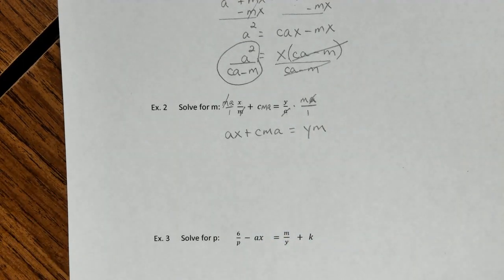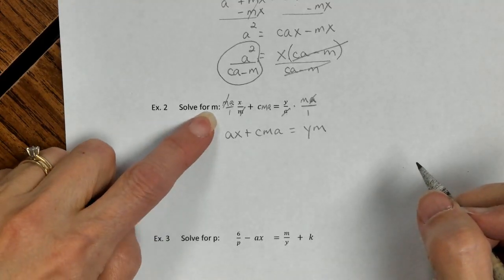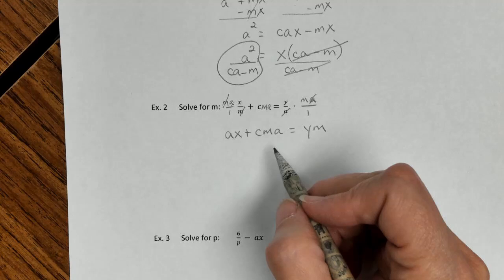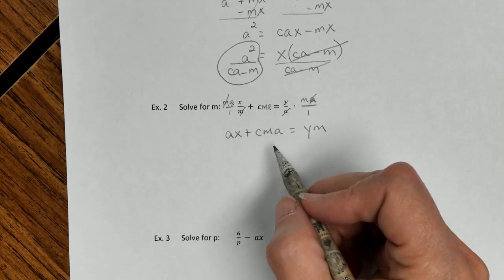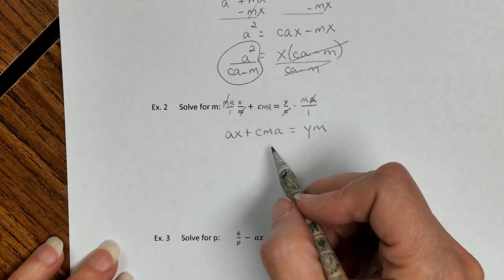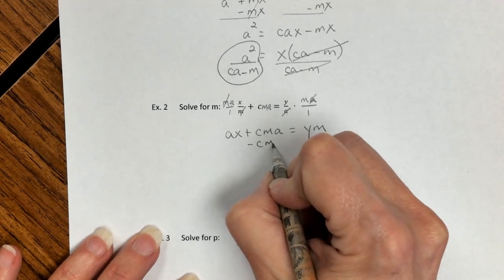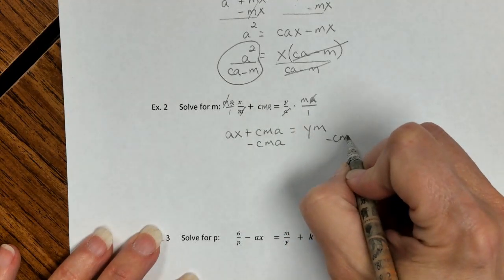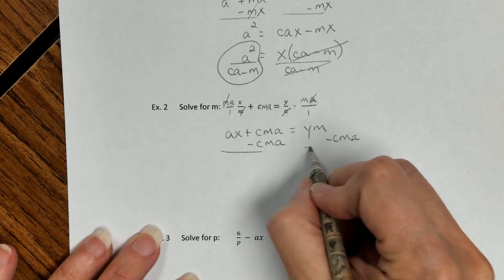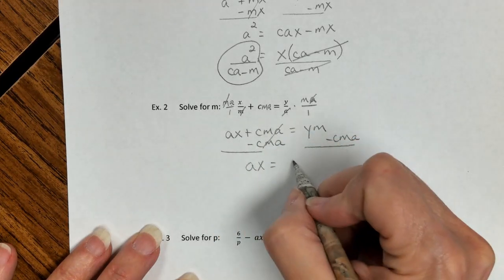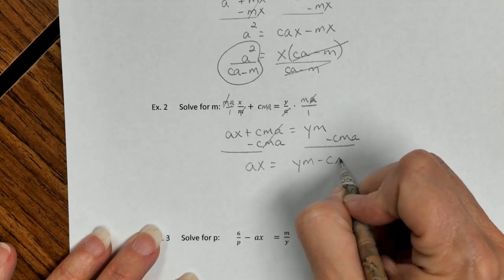Okay, and look at the directions. We're solving for m this time, so everything with an m needs to be on one side of the equation and everything without it on the other side. And again, it's fewer steps if I just subtract this one, so that's what I'll do. So ax equals ym minus cma.